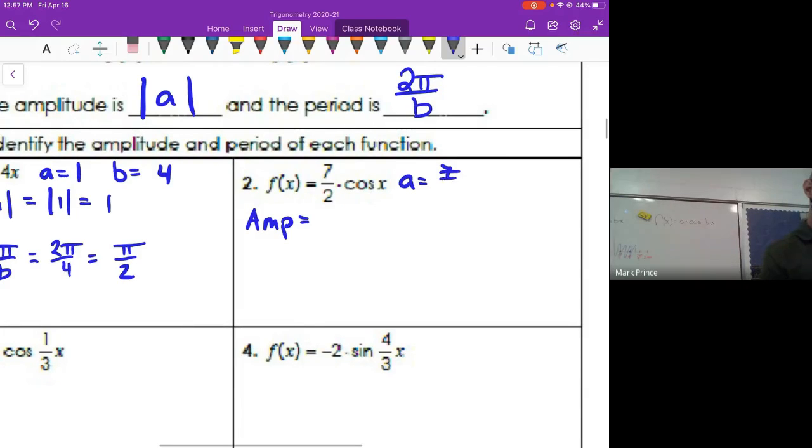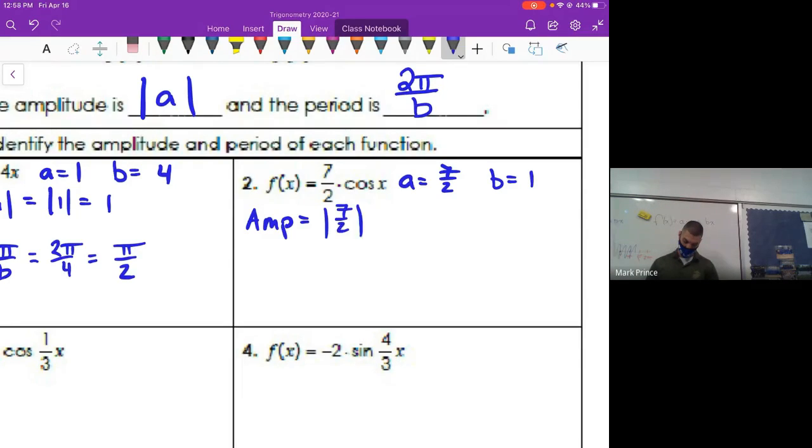Either or, so 7/2. That means my B is 1. So the amplitude is the absolute value of A, the absolute value of 7/2. It's just 7/2. So it means the height is 3.5 units above the x-axis and 3.5 units below.